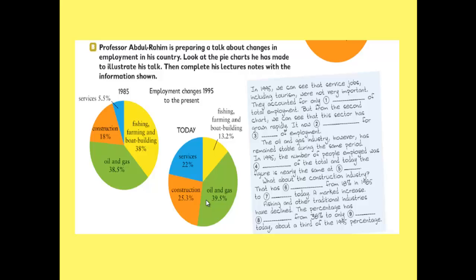Fishing and other traditional industries have declined. The percentage has fallen from 38 to only 13.2% today, about a third of the 1995 percentage.